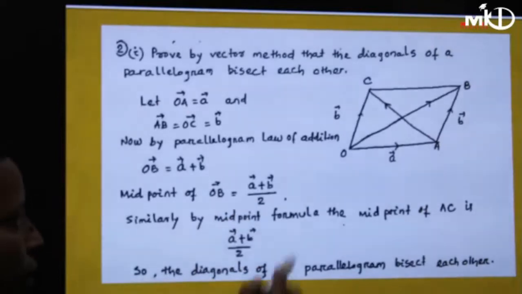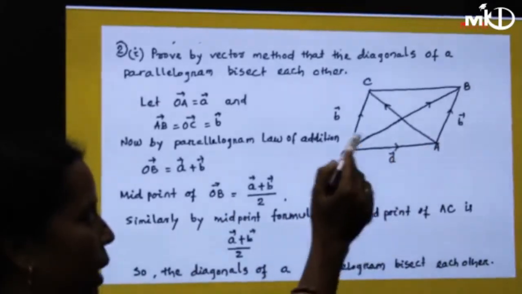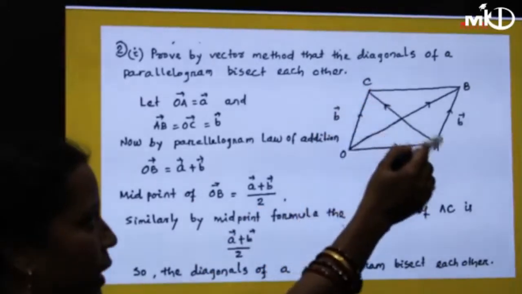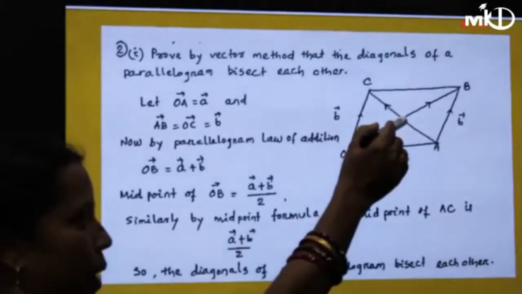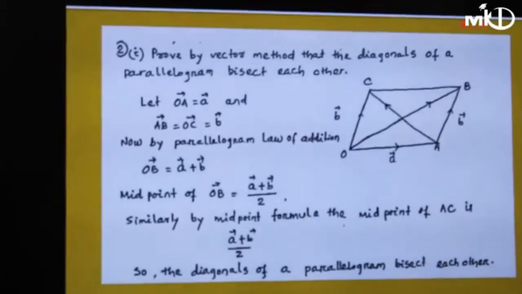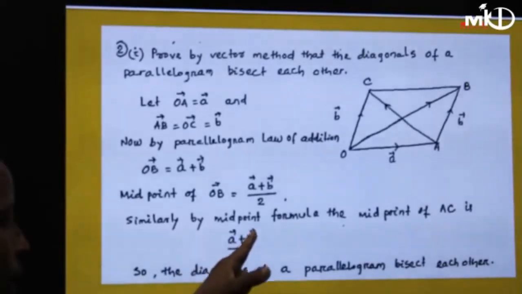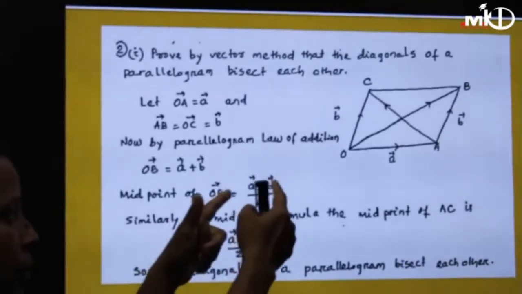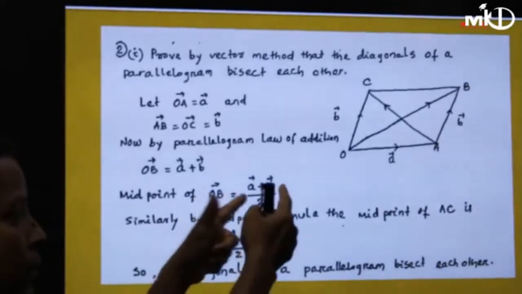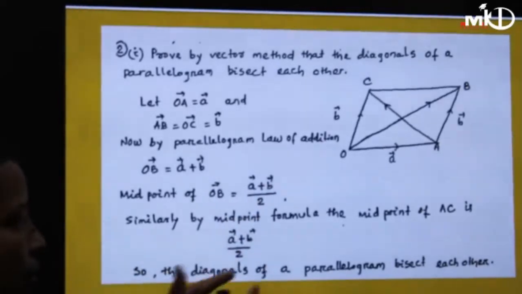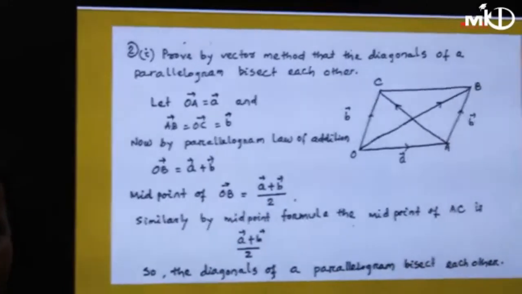Now OA is a bar and OC is b bar. For AC, by the midpoint formula, the position vector of its midpoint is also vector a plus vector b by 2. Both are the same, so the diagonals of a parallelogram bisect each other.